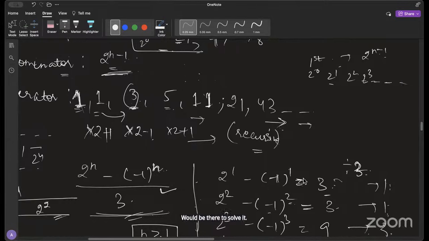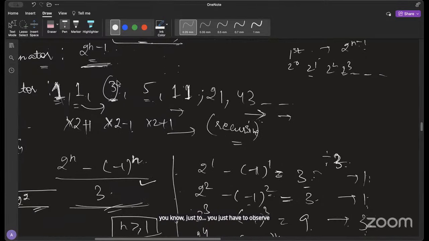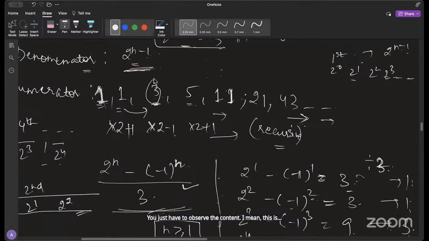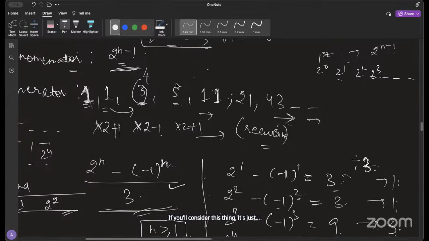You just have to observe the pattern. If you consider it this way, you'll have 2, then 4, then 8, then 16.